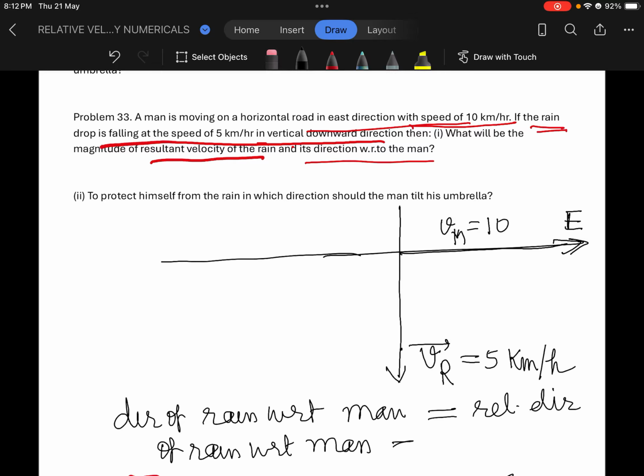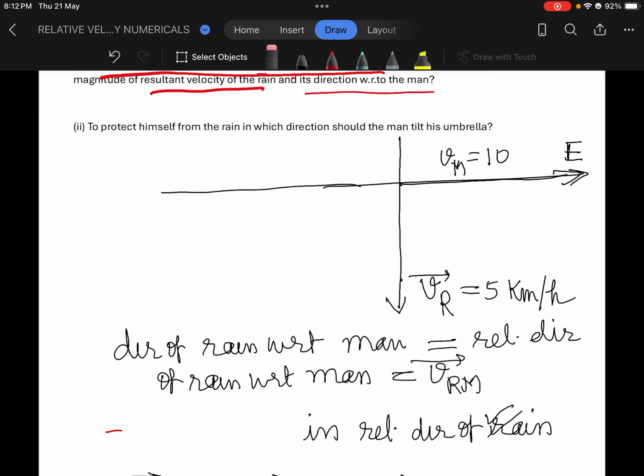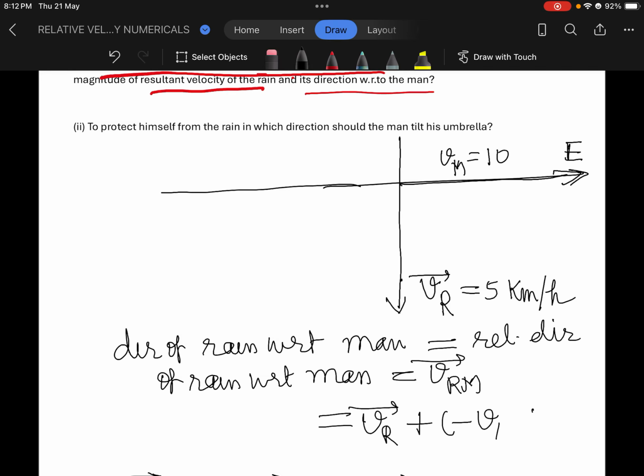Means here you have to find what? You have to find velocity vector VRM. And already I have told what VRM is. So VRM is the vector sum of vector VR and negative vector VM.